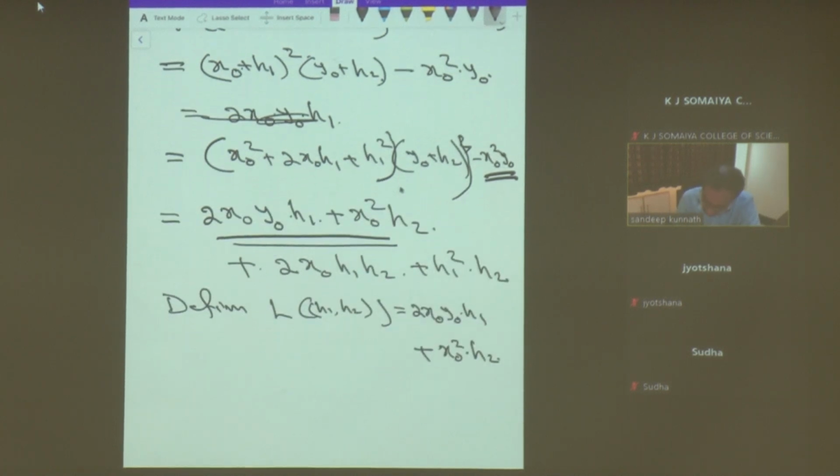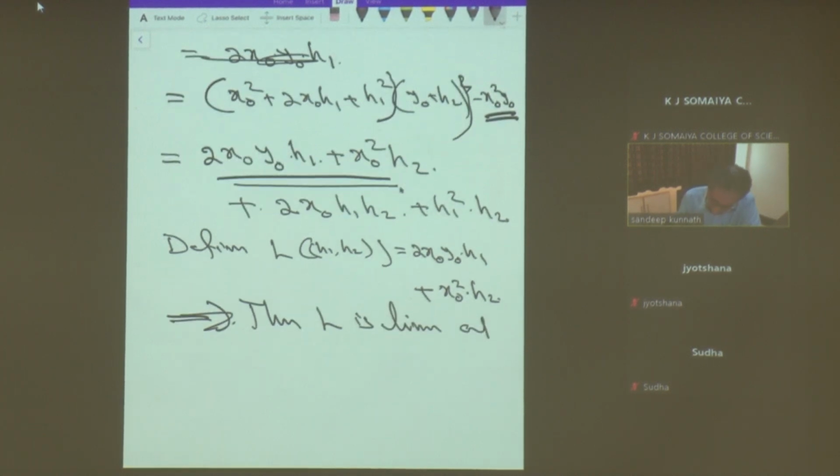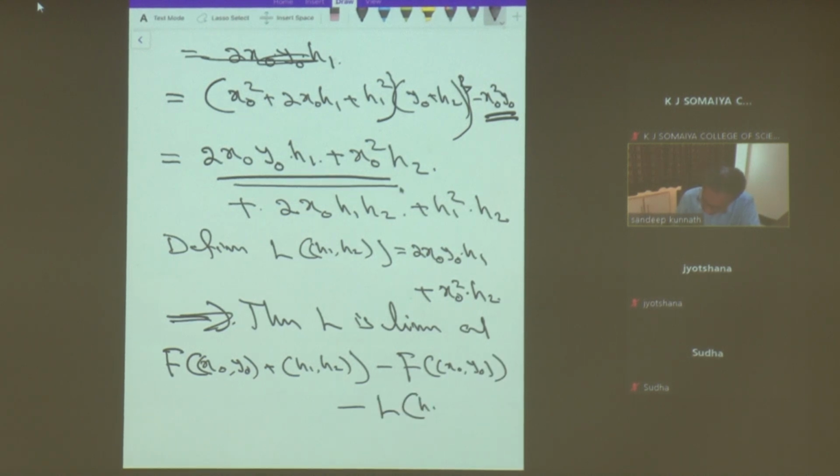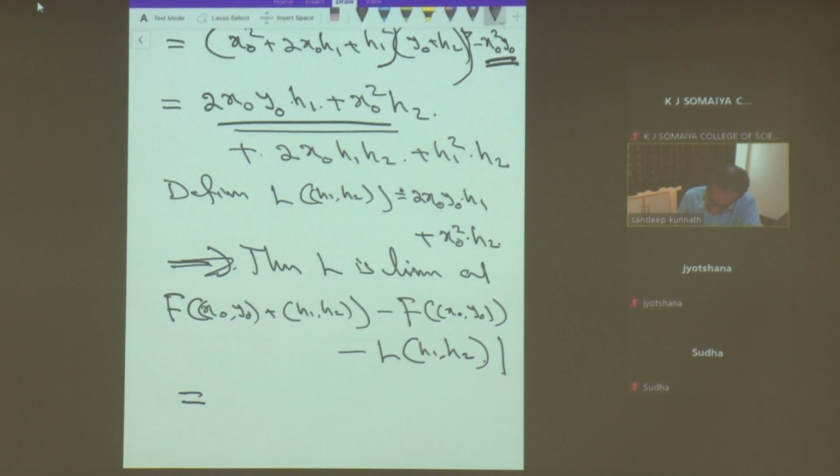With this definition, L is linear, and what we see is that f of (x naught y naught plus h1 h2) minus f of (x naught, y naught) minus L of (h1, h2) is going to be what we are left with: something like 2 x naught h1 h2 plus h1 squared h2.